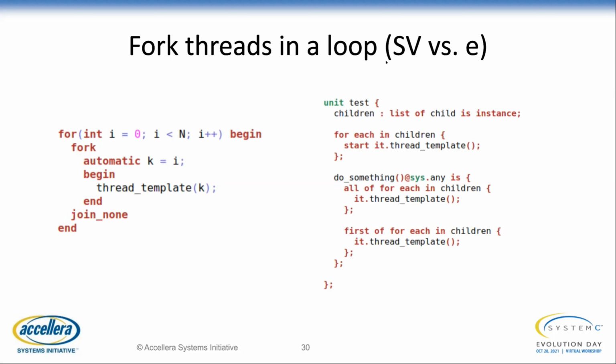And in Specman-e, they've recently added these constructs, all of for each and first of for each, which basically allow you to spawn multiple threads and join them in various ways, either all of them or just the first one.